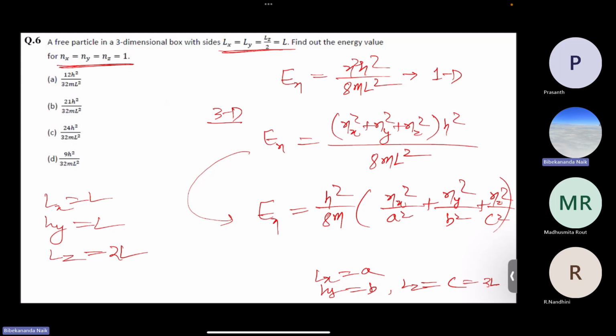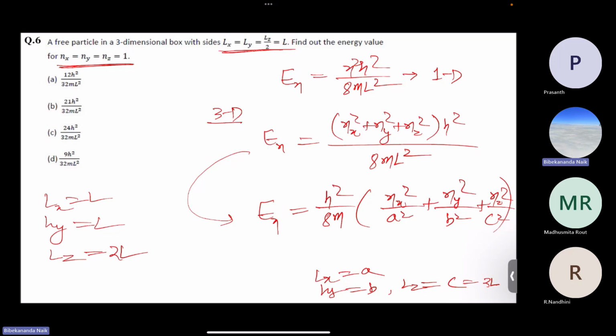So let me explain it once again. The general form of energy eigenvalue is En is n square h square divided by 8 ml square, which is for one-dimensional potential box, and the length of that potential box is L. But if you convert it into 3 dimensions, this N, that is the states, is again divided into Nx, Ny, and Nz.